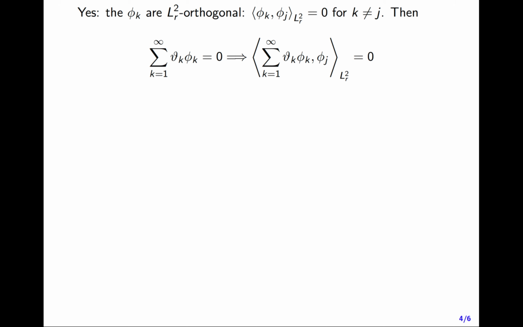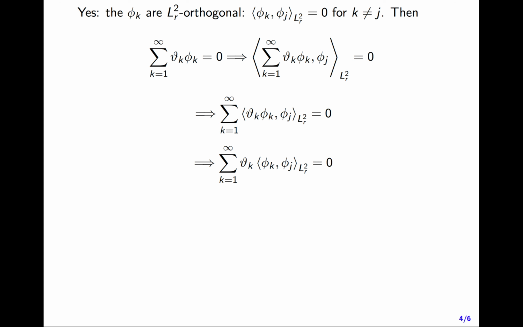So what does this say? Suppose you have a sum of the form sum k equals 1 to infinity theta k phi k equals 0. Well, that just means that the inner product of this sum with a given phi j has to be 0. And then assuming I can pull that sum out of the inner product, which I should be able to do, I get the sum from k equals 1 to infinity of theta k phi k against phi j equals 0.